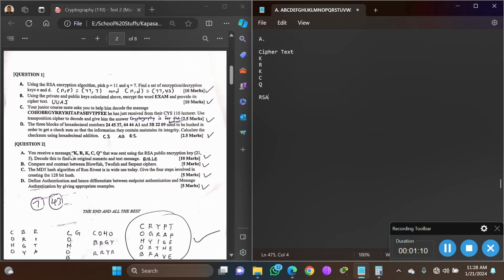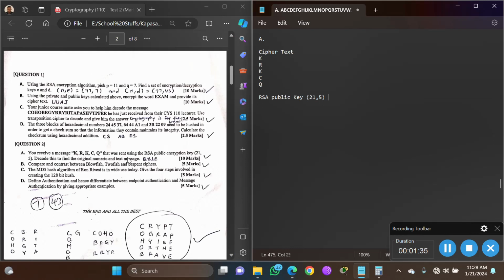The RSA public key is 21,5. They are telling us to decode this to find the original numeric and text message.